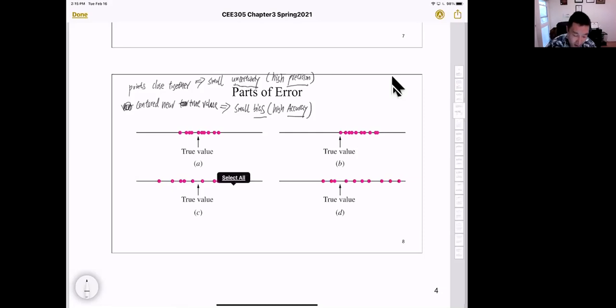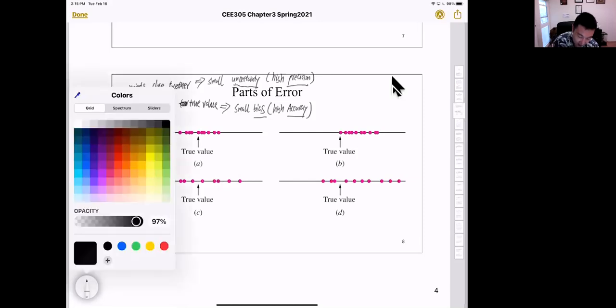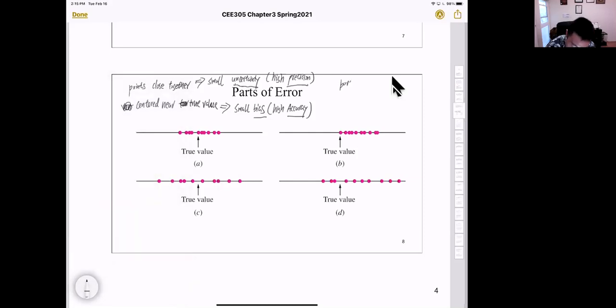For the second case, the spread is also small. The points are close together, close to each other. Because the points are close to each other, we call that small uncertainty and high precision.